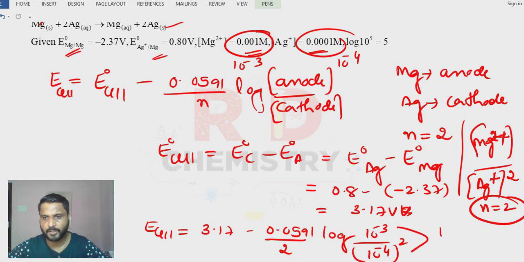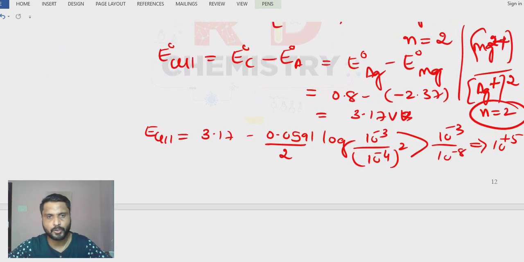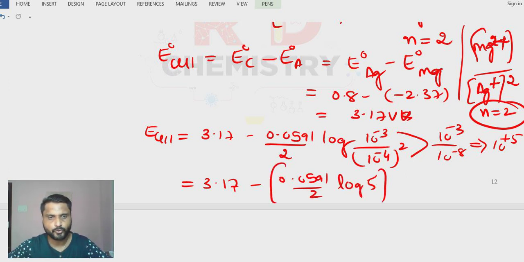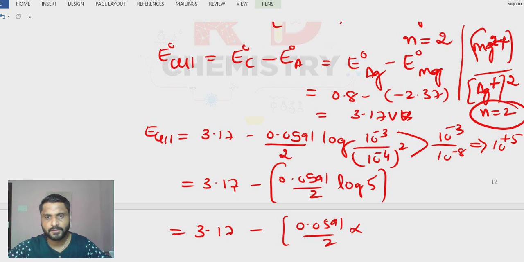So now this is equal to 10 power minus 3 divided by 10 power minus 8, which is equal to 10 power plus 5, right? And log 10 power plus 5 is equal to 5, so we can directly substitute there. This would be equal to 3.17 minus 0.0591 divided by 2 into log 10 to the power 5, and 10 power 5 gives 5.